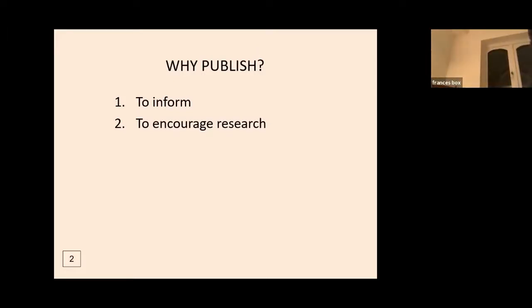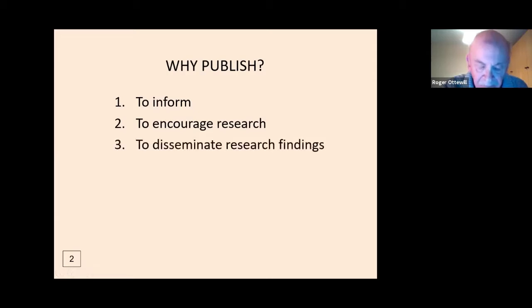Thus, a third reason for publishing is the dissemination of research findings. And that then leads on to a fourth reason for publishing, which is the showcasing of aspects of the history of an area covered by a local history group.